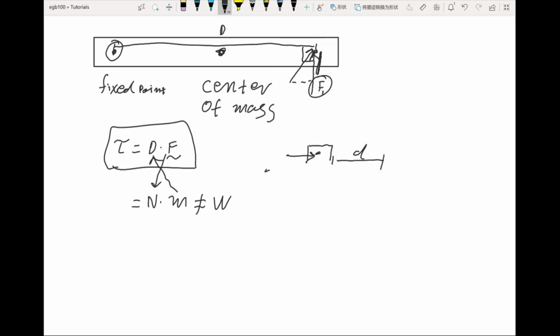Work is in joules, which is equal to newton meters. But this here is not this.